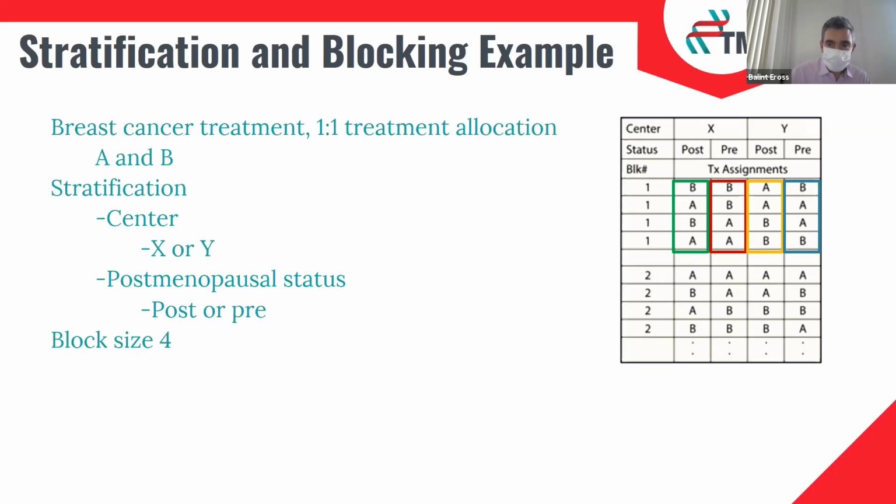So basically, these randomly permuted blocks are dedicated to enrolled patients depending on the center and depending on their pre- or postmenopausal state. So when you enroll a patient, first you have to know which center you are in, and if the patient is pre- or postmenopausal.